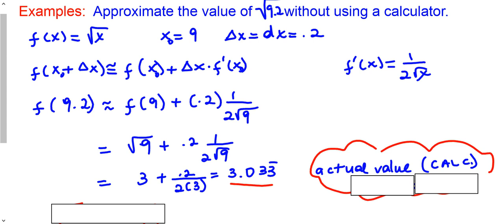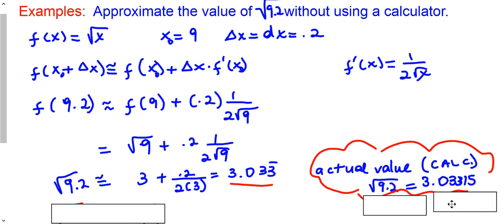And what does the calculator give us for that? And almost the same value. And just know that the further away we go from 9, the worse off this approximation is going to be, because the tangent line is going to deviate from the actual function.